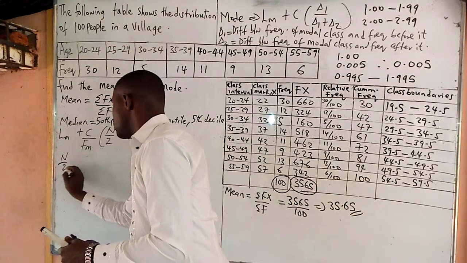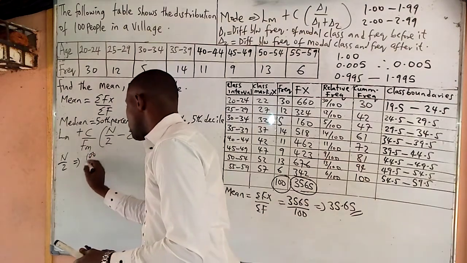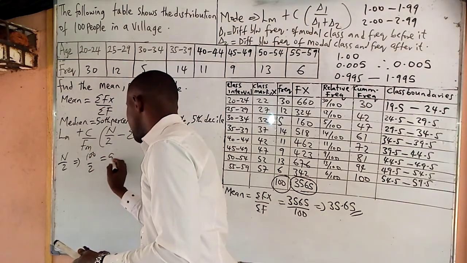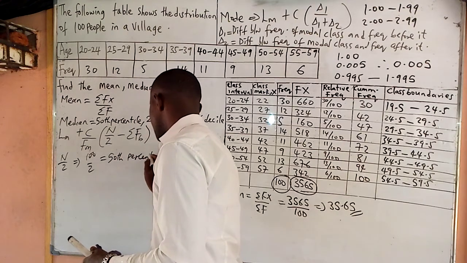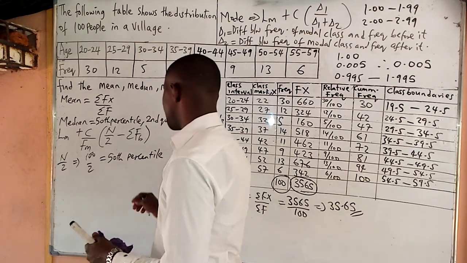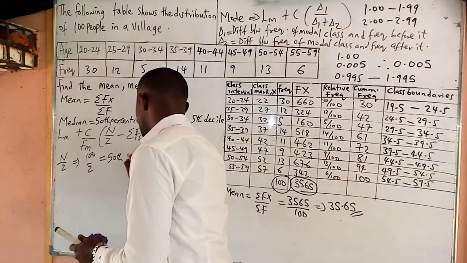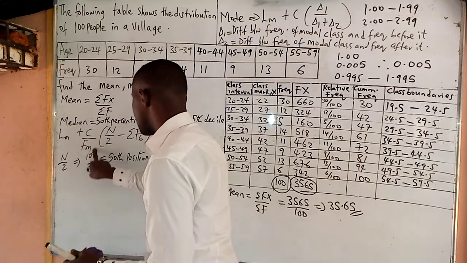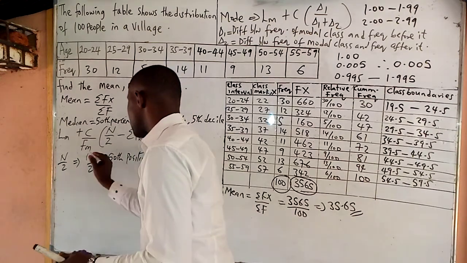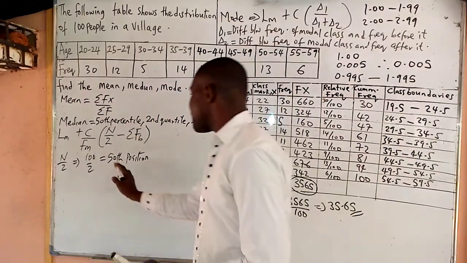N over 2 will be giving me total frequency over 2. 100 over 2, that is 50th position. So, what do we mean by 50th position?